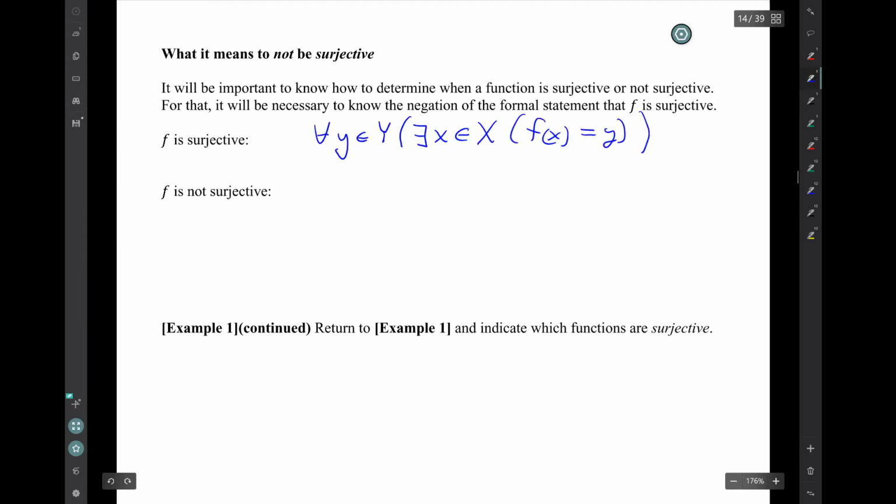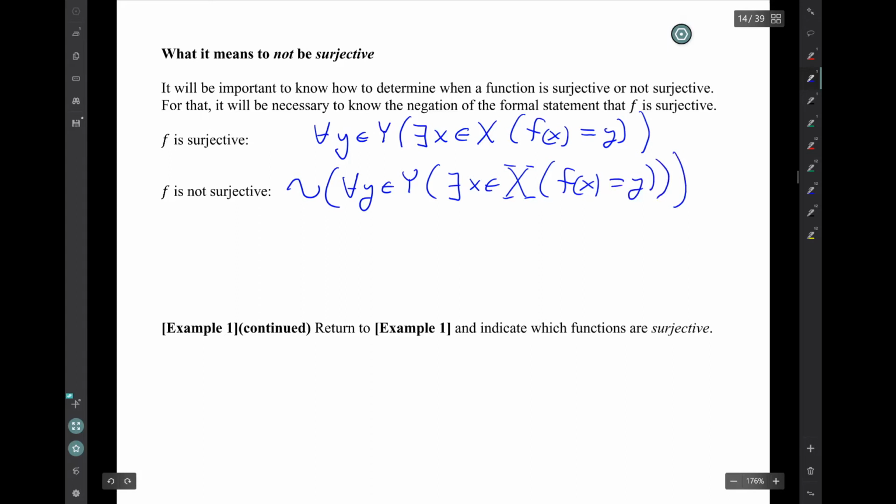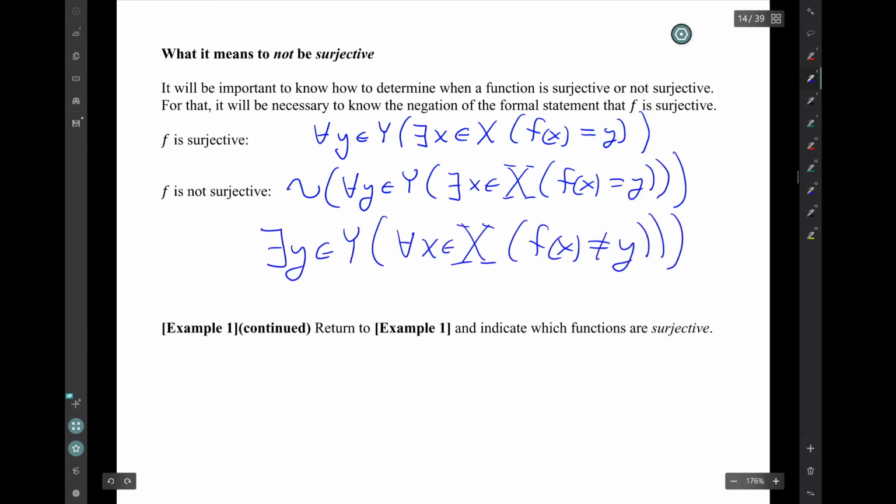If I take the negation of that, I get the following. There exists a little y such that for all little x's, f of little x is not equal to little y. In other words, there exists a number in the codomain that cannot be achieved as an output for any input x.